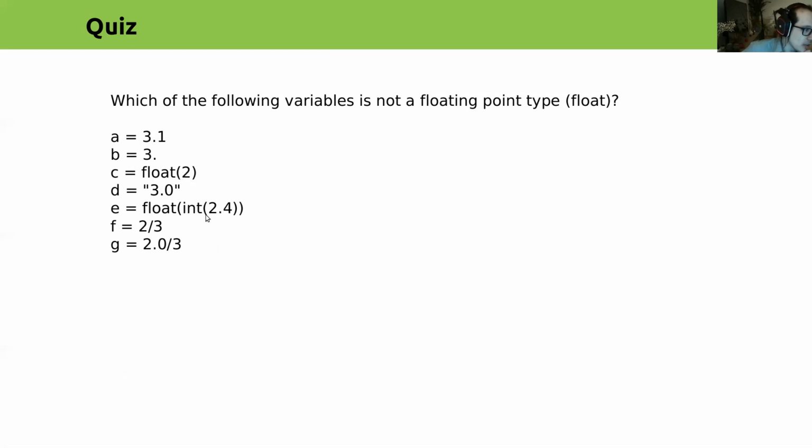And that is the case here as well. So even though we've done 2.4 and then converted it into an integer with the int, we've reconverted it into a float by feeding this as a parameter for the float function. So the only thing that doesn't fit in is this one here, which is in quotation marks. So even though there's a 3.0, which would be a float if we didn't have quotations, anytime we have quotations, it's going to interpret that as a string, and whatever is inside is going to be a string regardless. So the answer here is D.